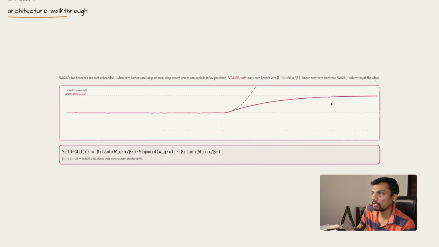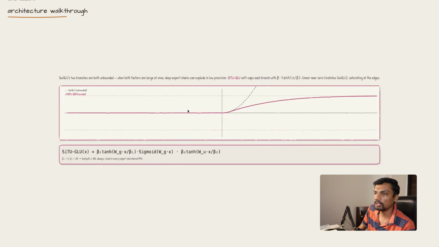The standard SiTU-GLU, sorry if I'm mispronouncing the word, activations are unbounded. As the input grows, the output rockets off towards infinity. In 16-bit or 8-bit precision, it hits the maximum value limit instantly, causing numeric overflows like NaNs or infinity.